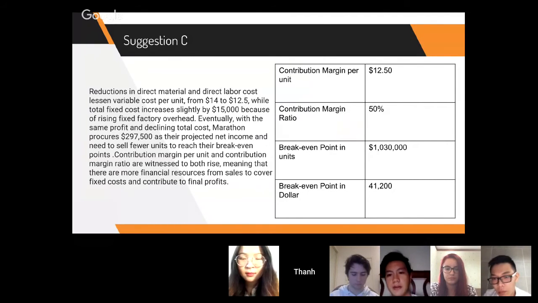Eventually, Marathon can get $297,000 as their net income and needs to sell fewer units to reach their break-even point. With the contribution margin per unit and contribution margin ratio going up, there are more financial resources from sales to cover costs and contribute to final profit.